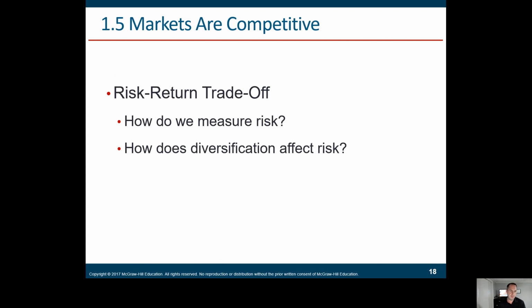How do we measure risk, and how does diversification affect risk? Well, let's start from the bottom up here and say, how does diversification affect risk? Diversification decreases risk if you're properly diversified. So, if you have someone who owns a lot of Apple and Amazon stock, they own a lot of technology.